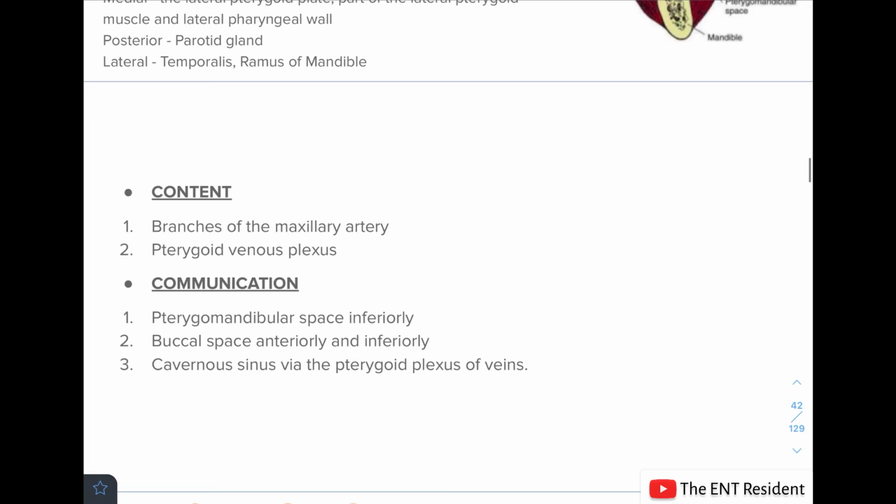The contents are the branches of maxillary artery, pterygoid venous plexus, and it communicates with pterygomandibular space inferiorly, buccal space anteriorly, cavernous sinus via the pterygoid plexus of veins.